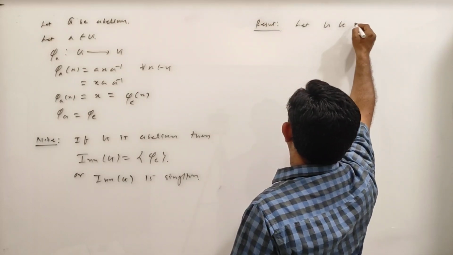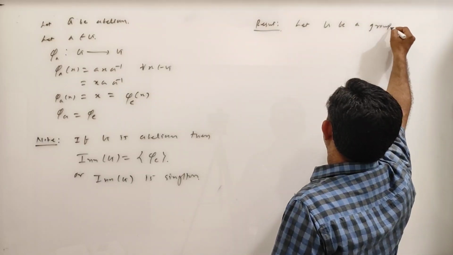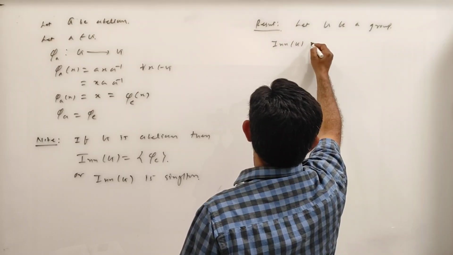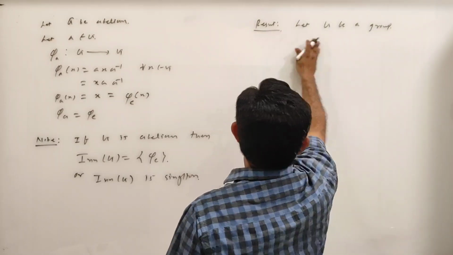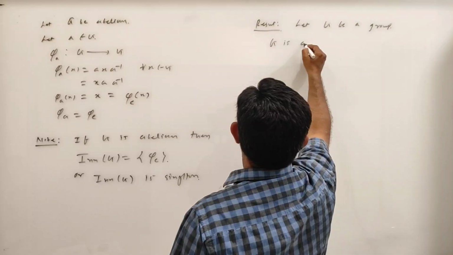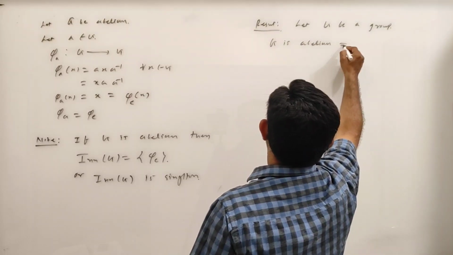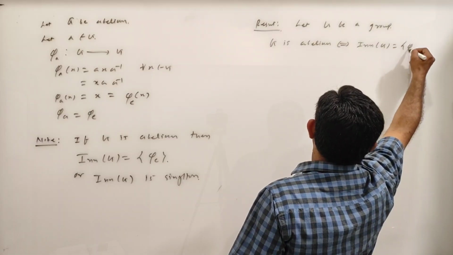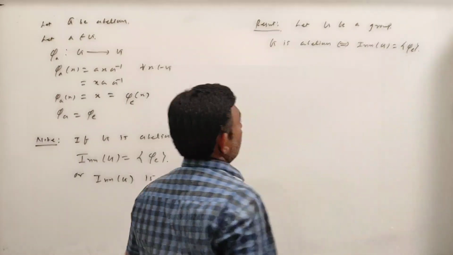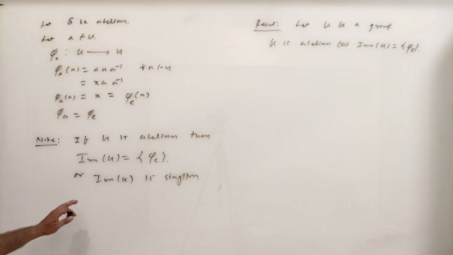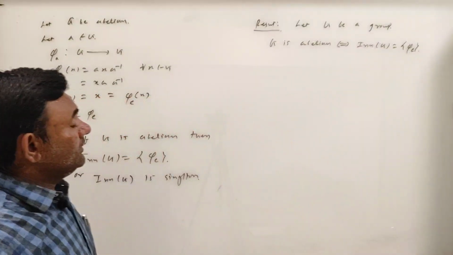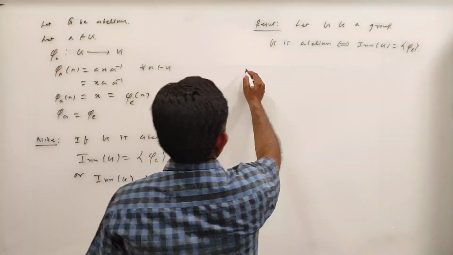Let G be a group. G is abelian if and only if Inn(G) is the singleton {phi_e}. We have proved that if G is abelian, then Inn(G) is the singleton {phi_e}. Now let us prove the converse.